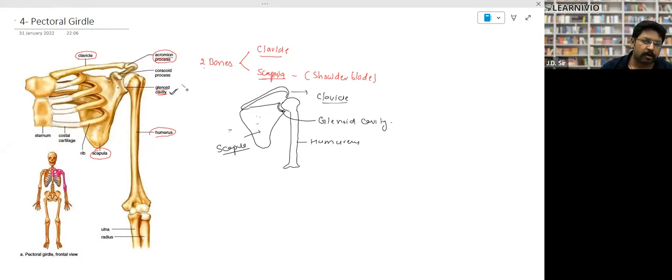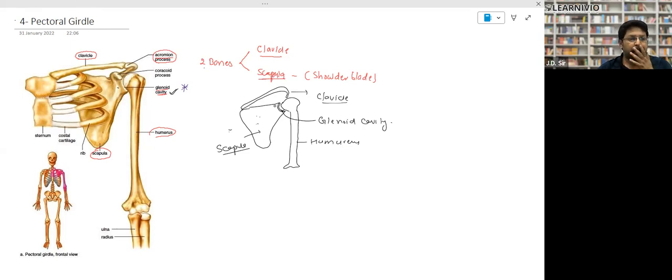That you need to remember, glenoid cavity. The glenoid cavity is that pit where the head of the humerus rotates, right? And that's how we can rotate our hand. So there are two bones which make the pectoral girdle, clavicle and scapula.